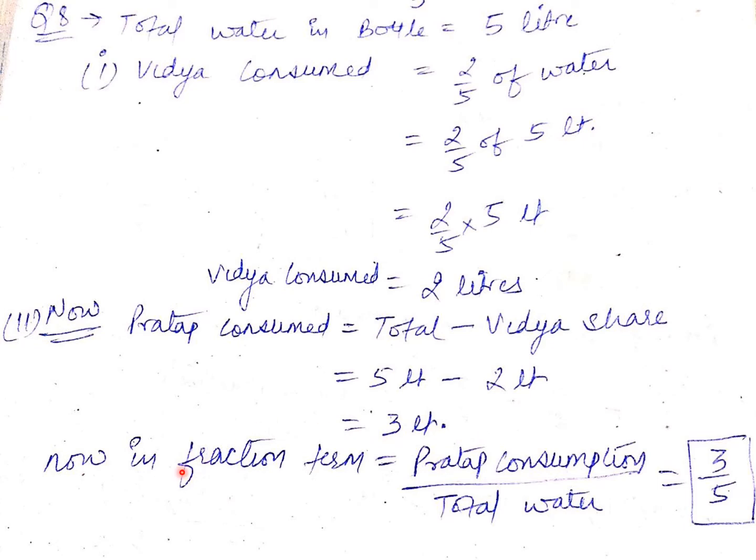But question is asking in fraction form, and we all know fraction form means like your exam marks obtained upon total marks. Similarly, the fraction form here will be water drink by Pratap upon total water. That is why Pratap consumption upon total water. How much he consumed? 3 liters. Total water is 5. That is why the ratio is 3 upon 5. I hope you got this.